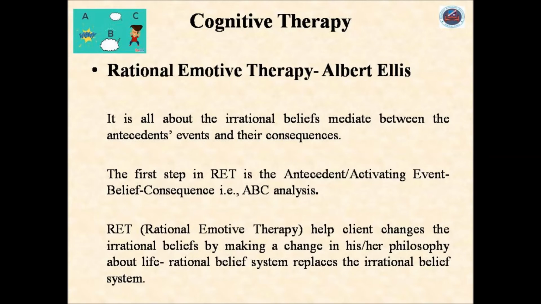Whenever we talk about rational emotive therapy, it is very important to know about the theory of personality analysis, which is known as the ABC technique. In ABC, A stands for activating event, B stands for belief, and C stands for consequences.